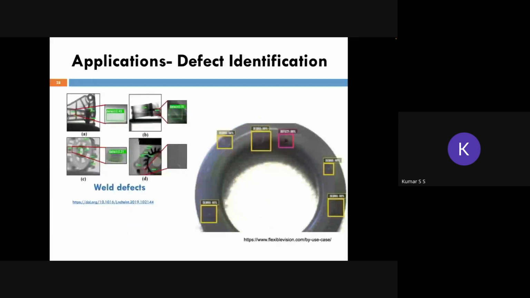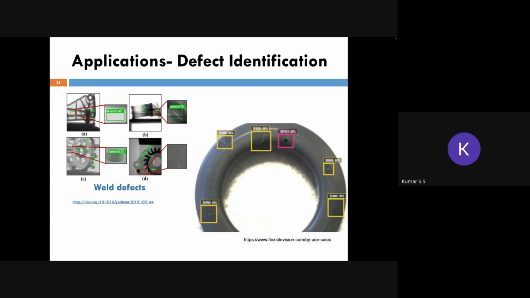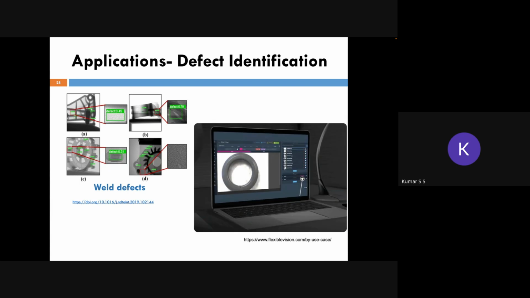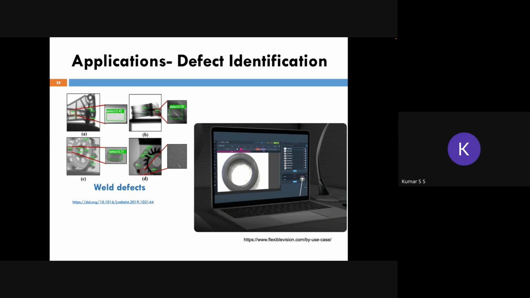It can also be used for finding defects in welding, such as vibration, hollows, or imperfect bonding. In all these cases, we can use deep learning to pinpoint the location of the defect and also identify what type of defect it is.